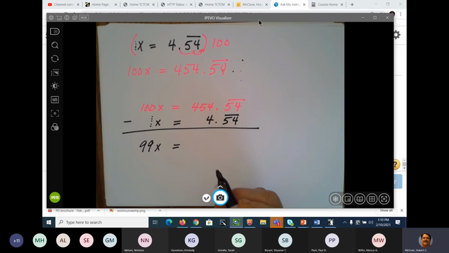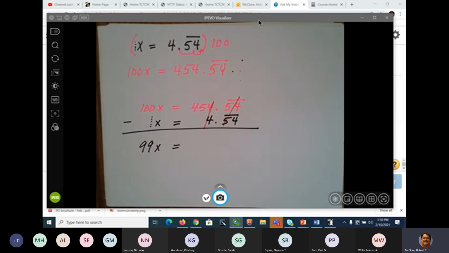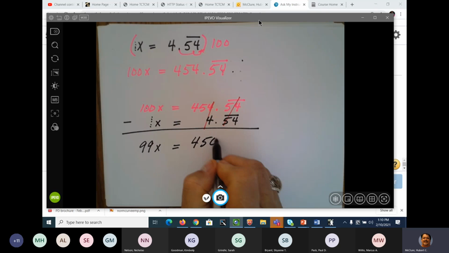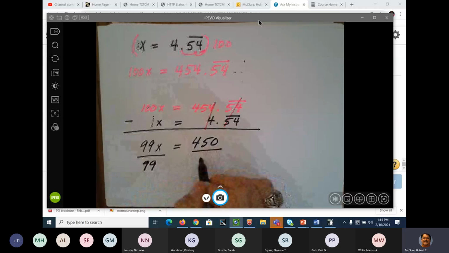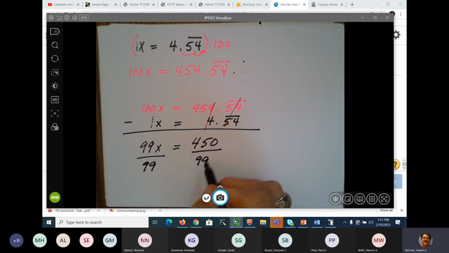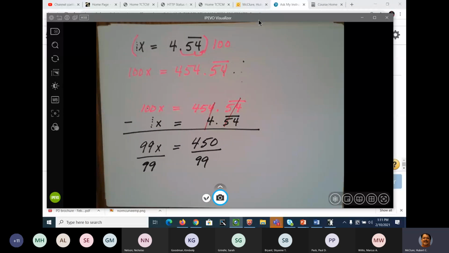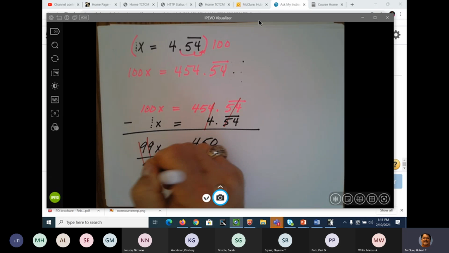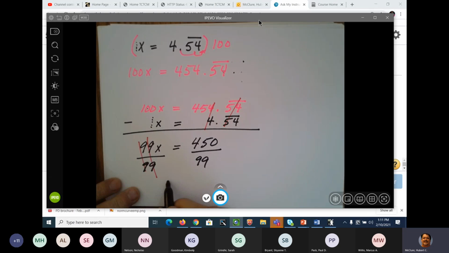And what happens to the repeating and the 4? Cancels. So you're left with 450, I assume. Now you do need to reduce. So x is equal to 450 over 99.